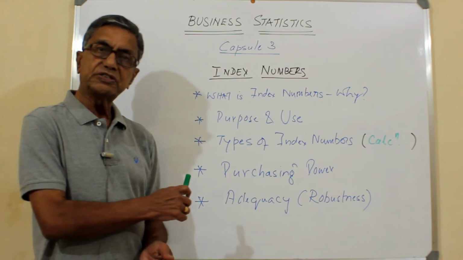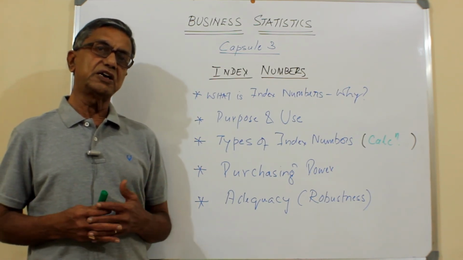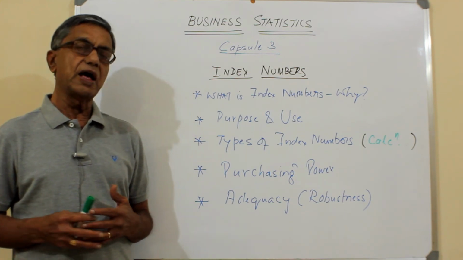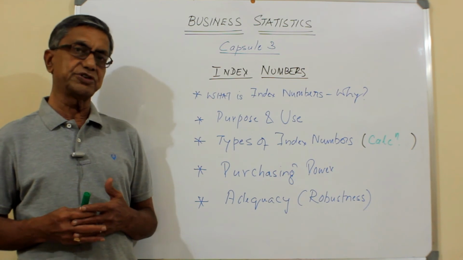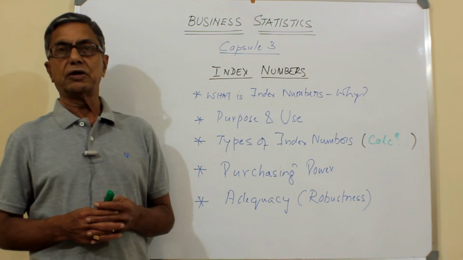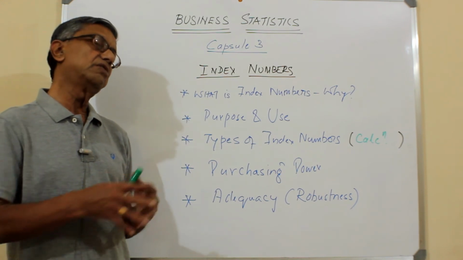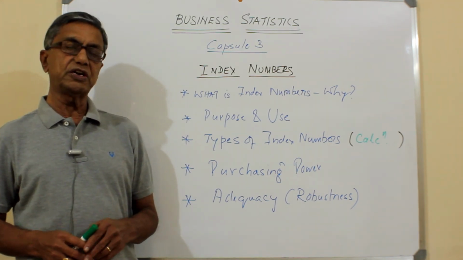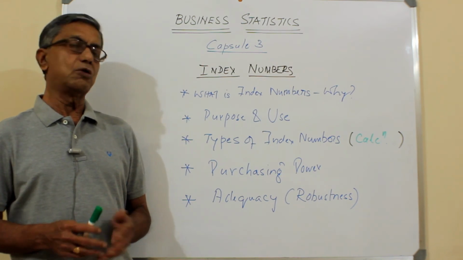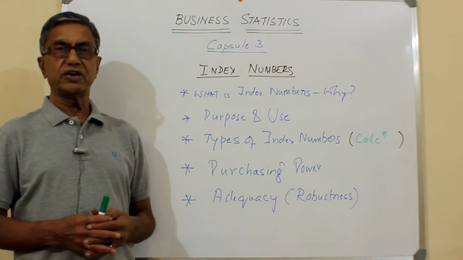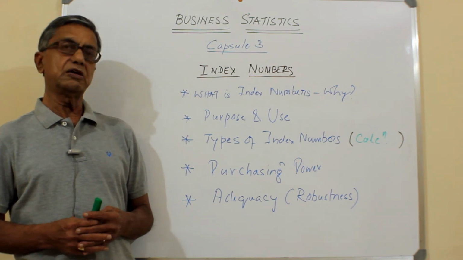If the index numbers satisfy these tests, then you can understand the numbers are quite robust and they can be used for your extrapolation and interpolation calculations of various index numbers for various periods. With this brief introduction, we will move on to the PowerPoint presentation, understand more about the index numbers, how to calculate, and what are the intricacies, and then see a couple of examples and move on.